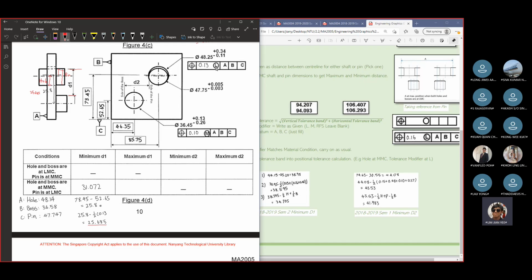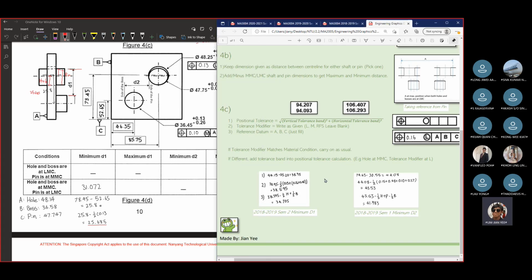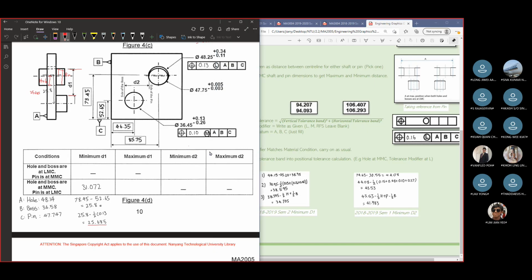So you add the positional tolerance of 0.13. Okay, wait. 0.13 plus.